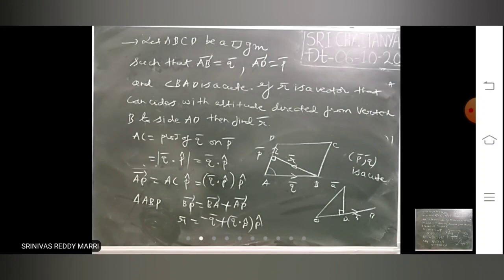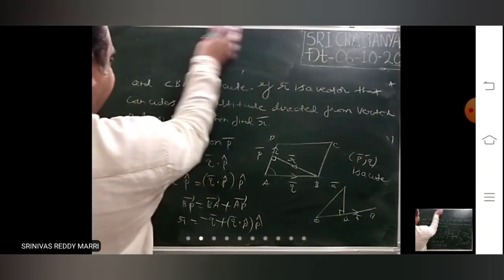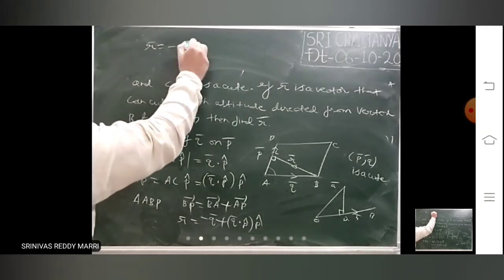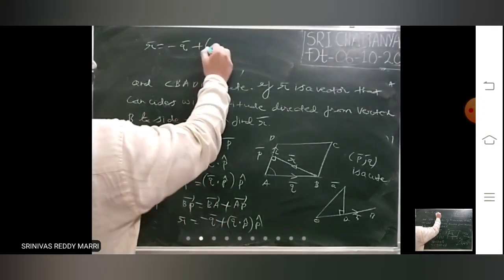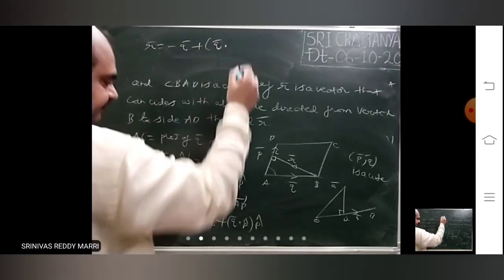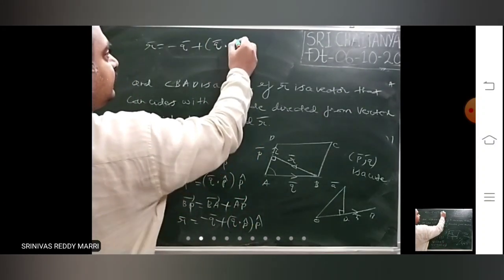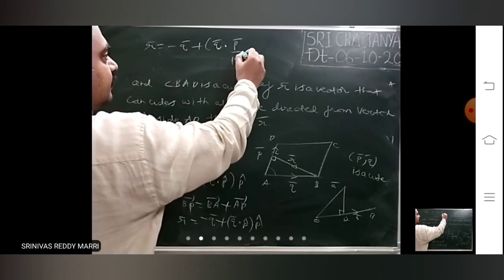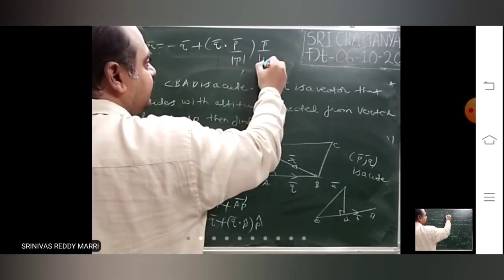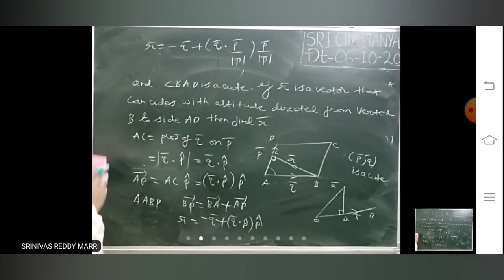So therefore you got that vector. If you further simplify, R bar is nothing but minus Q bar plus Q bar dot, write the unit vector in simplified form. This is P bar divided by modulus P bar into P bar divided by modulus P bar.